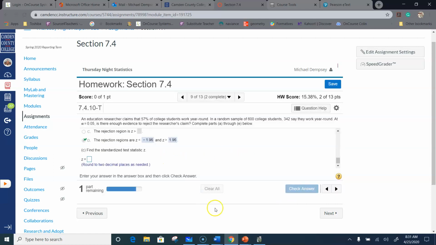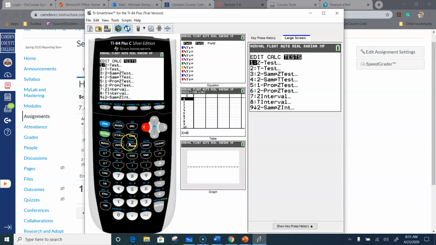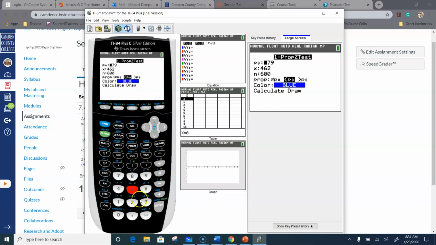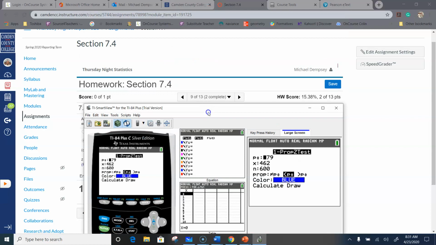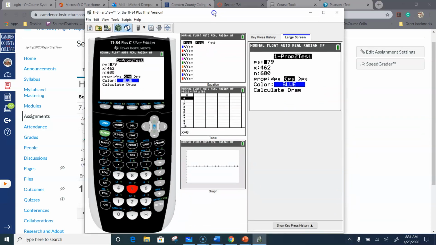So what do we get for our test statistic? This is where we're going to have to go to the calculator. 342 out of 600 said they work all year round. We have our test: a 1 proportion z-test. We are testing it against that claim of 57%, so that's 0.57.